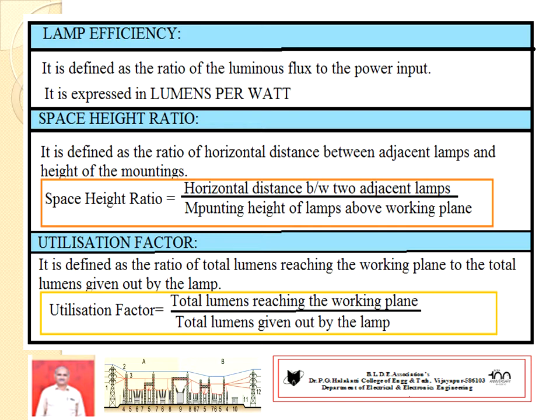It is defined as the ratio of total lumens reaching the working plane to the total lumens given by the lamp. This is called utilization factor. If utilization factor is 50%, that means total flux emitted by the lamp is 100, but what reaches the working plane is 50%.